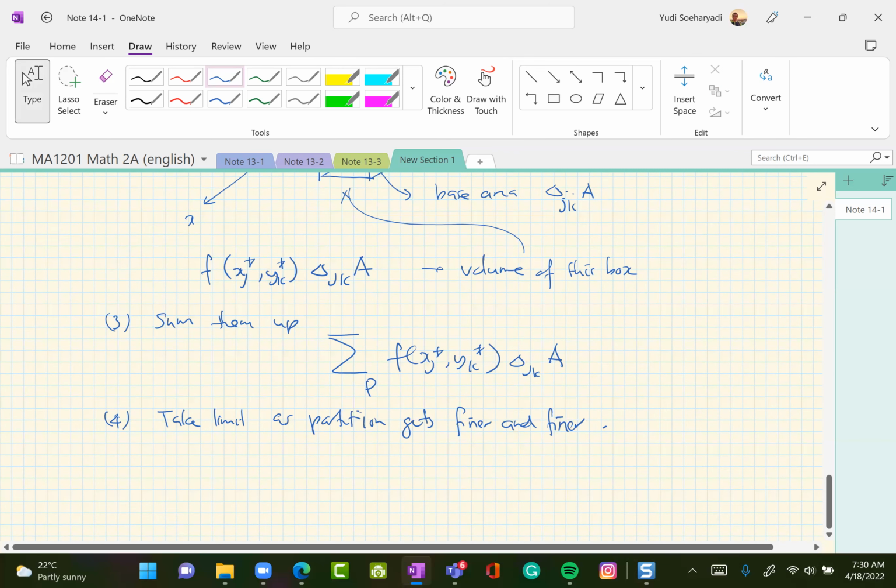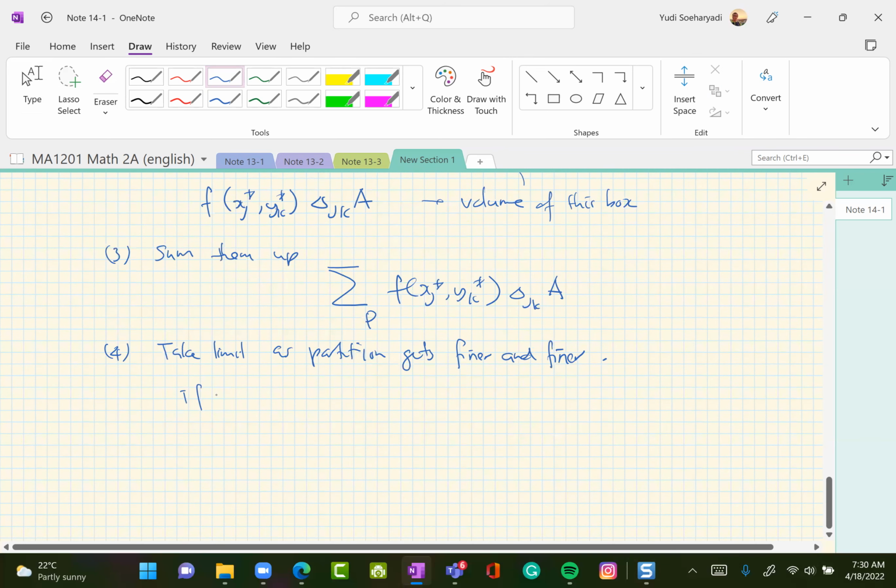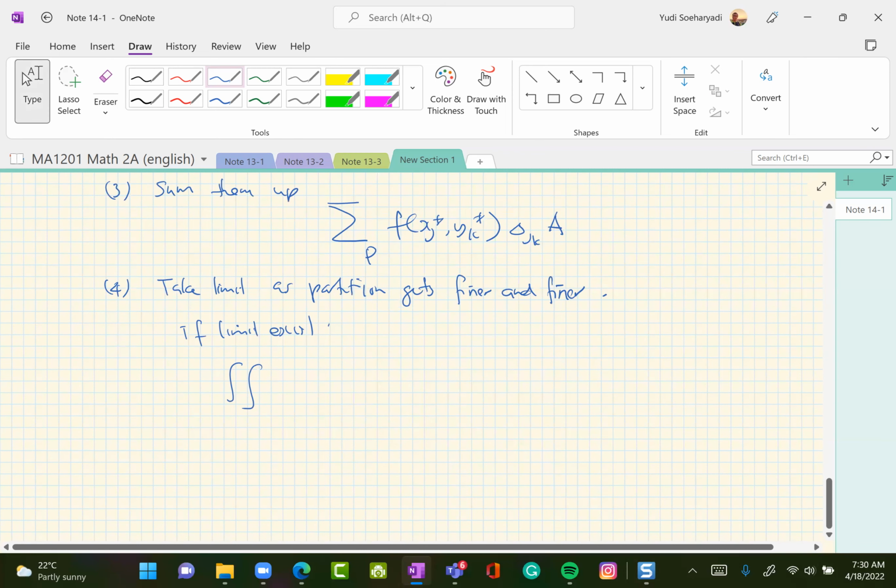Okay, and if limit exists, then this is what we call the double integral of f over rectangle R.